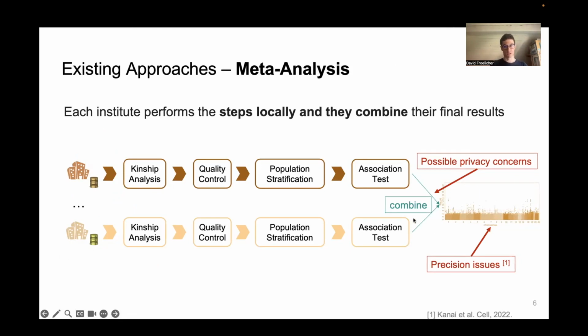The combination of these final results can still have some privacy concerns because it can reveal some information about the local data, and there can be some precision issues, meaning that this study can give different results than the study performed on the pooled data set, because the computations are performed independently by each party on its local data, which means that if the distribution, for example, of the data is different across the different institutes, it can give different results at the end, as it doesn't capture the global information about the data.